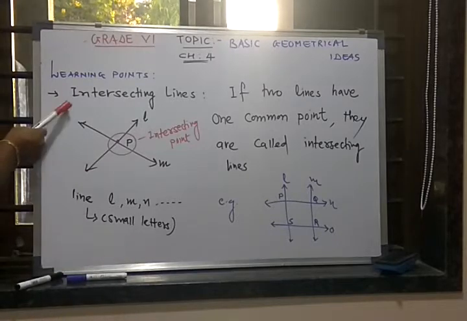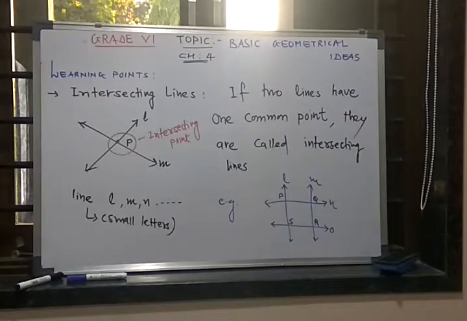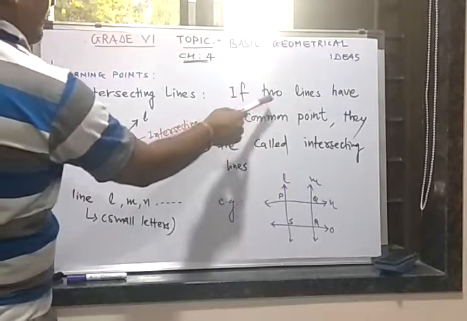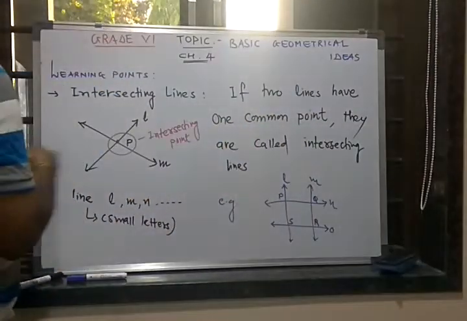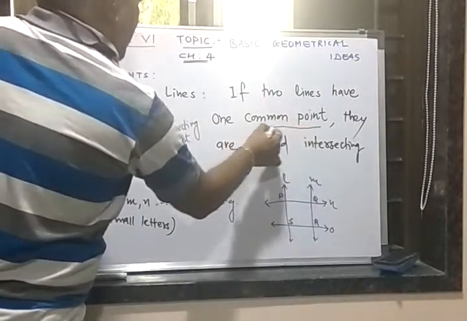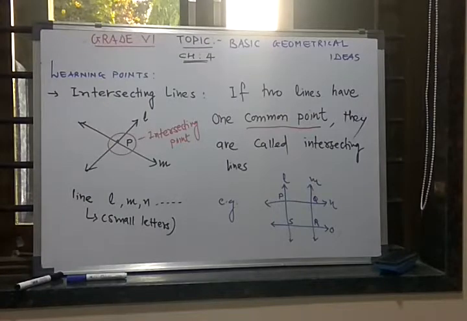Next point, intersecting lines. If two lines have one common point, they are called intersecting lines.